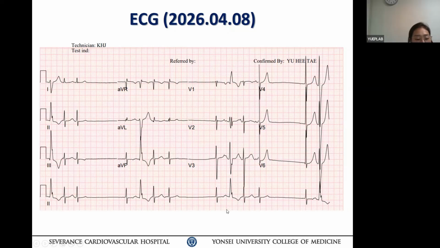Okay. Very good. And anyway, the first beat of narrow QRS complex is not preceded by a P wave, so it looks like a junctional escape beat. And as Dr. Zhang mentioned, this patient has a significant sinus node dysfunction, but the following three beats may be preceded by P waves.